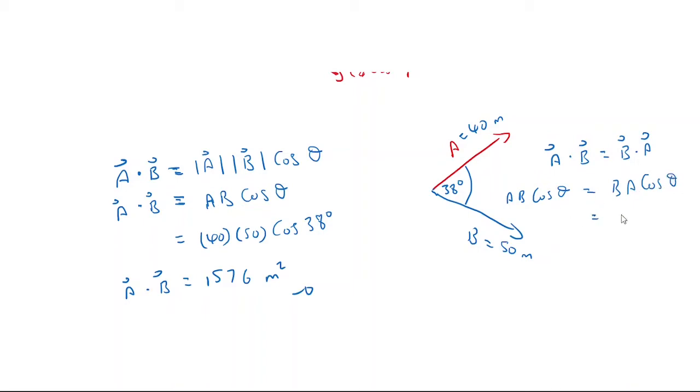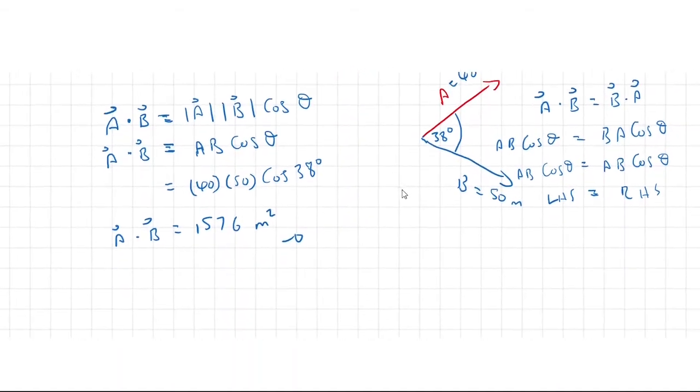But then I can simply take A this side, B this side, cos of theta, which is the same as the left hand side. So you can see that the left hand side is the same as the right hand side. So that's why we're saying that these two are actually equal. All right, so that's something that you should note when it comes to the dot product.